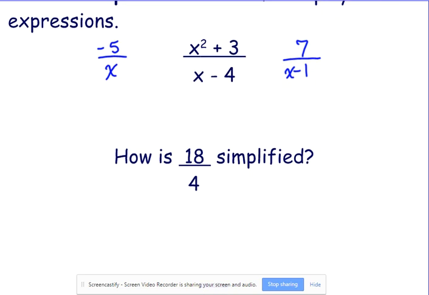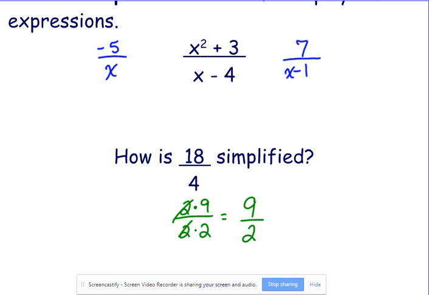We could rewrite 18 as 2 times 9, and 4 as 2 times 2, and those 2's in the top and bottom can cancel. That's why 18 over 4 is equivalent to 9 over 2, because you can cancel out a factor of 2 from both the top and the bottom.